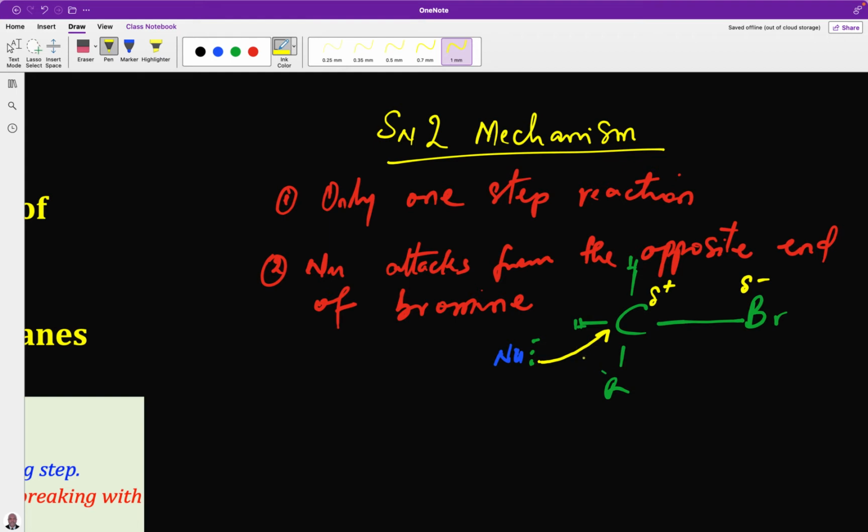By doing that, they prevent the attack from behind. There's no space for the nucleophile to enter, so it blocks it. But with SN2 mechanism, where you have a primary or a secondary halogenoalkane, there is space. The opposite end is not bulky. There are not many alkyl groups on the opposite side of bromine, so they attack from behind. They have that opportunity to attack from behind.